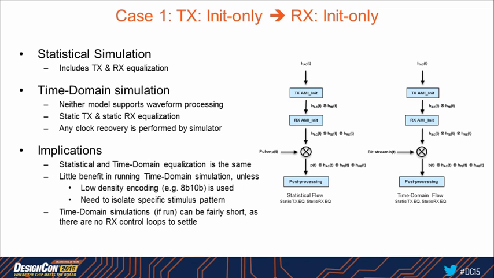It also means, by the way, that when you run time domain, because you don't have these big RX control loops that sometimes can take 500,000 bits to settle, we may not have to run 1,000,000 bits or 10 million bits because we're not learning anything by running more patterns through the simulator.